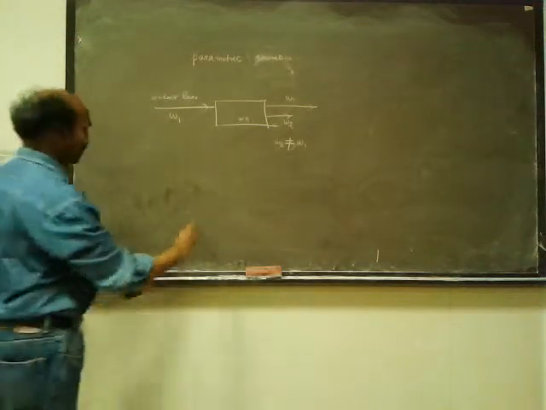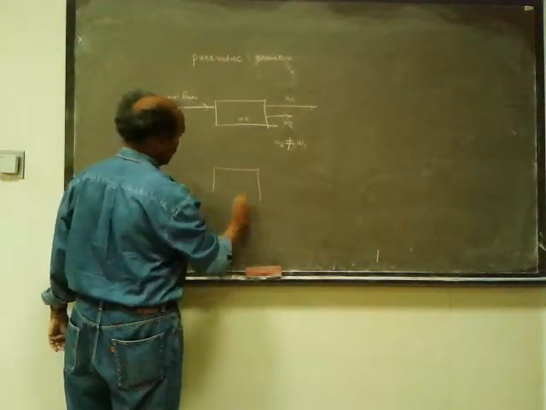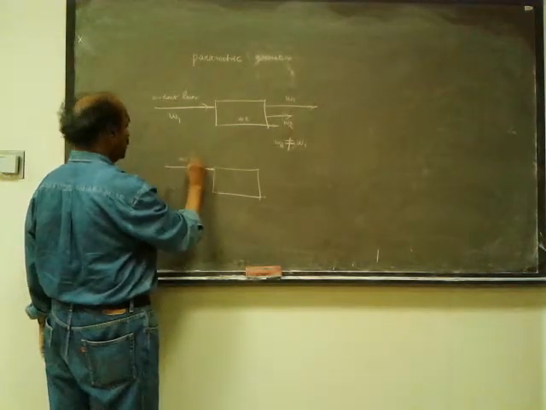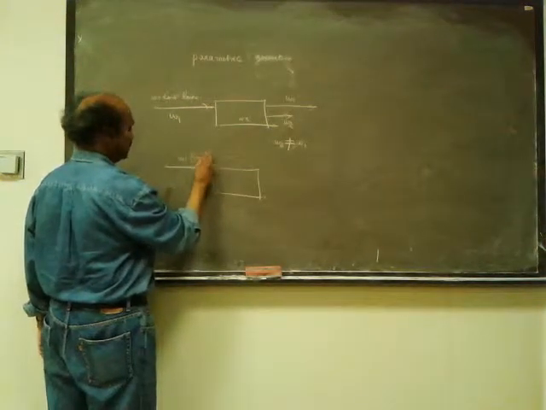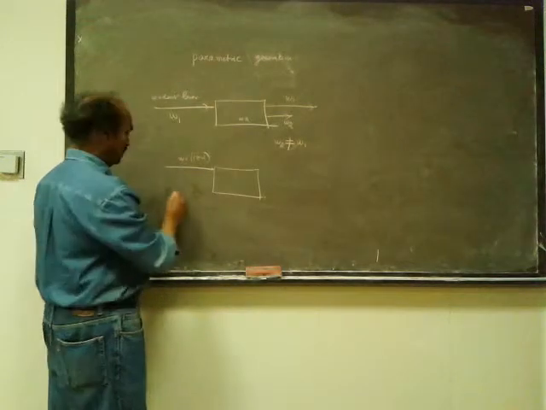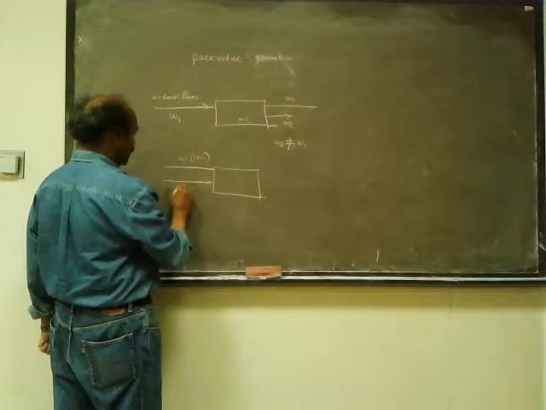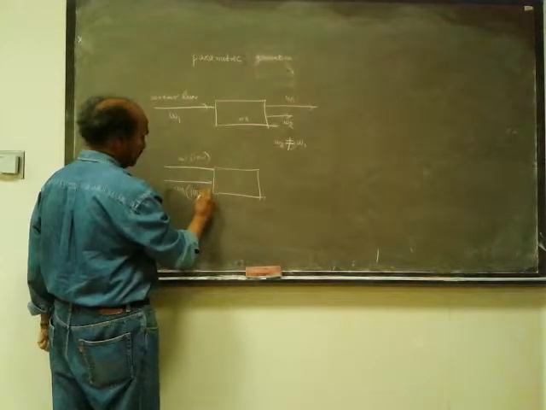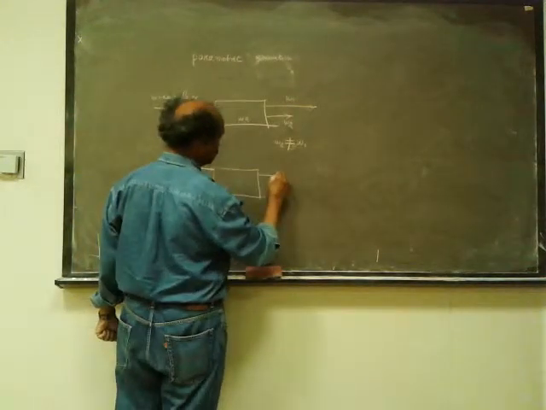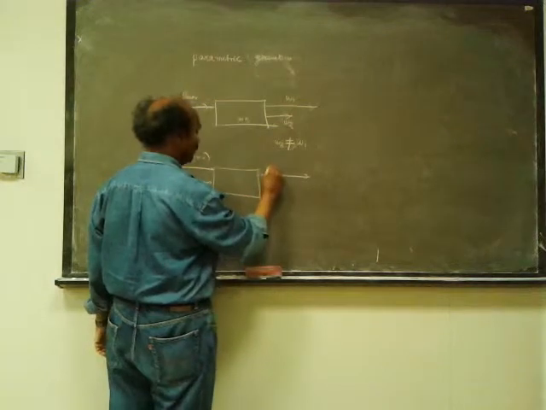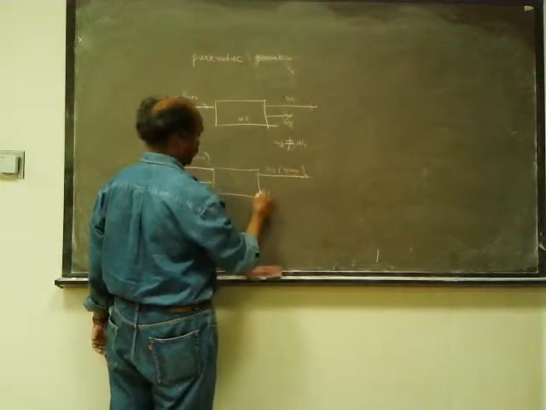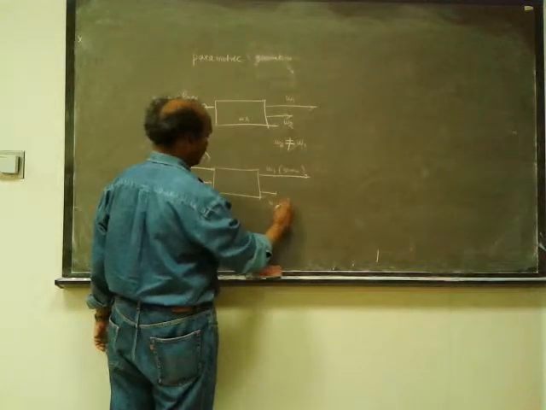On the other hand, let me put this, look at it. I have the material. I have omega 1. This is 1 milliwatt. Look at this one. Omega 2, which is 100 milliwatt. Then what comes out? Look at this. Omega 1 is 50 milliwatt. Omega 2 is 10 milliwatt.